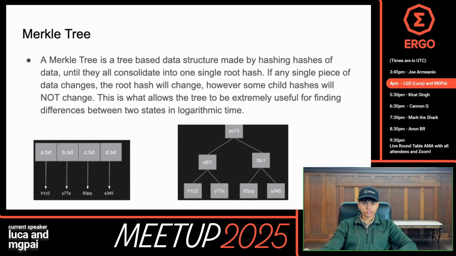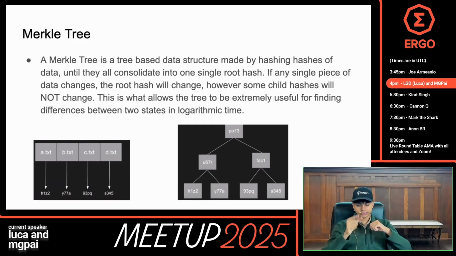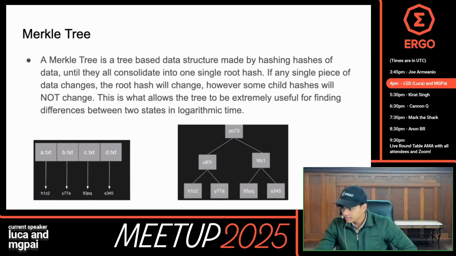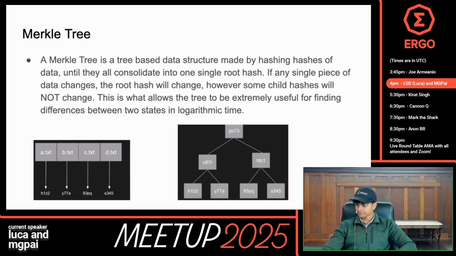In most cases it's 32 bytes of data, so a string of 64 characters. The cool part, which is really important in a security context, is that it's irreversible. If you have this fixed-size string, you can't get the data back. It's impossible, but that's beyond the scope of this presentation. So again, you have data and you transform it into a fixed-size unique string. You can see a.txt has a hash h1, b.txt has its own hash, and so on.